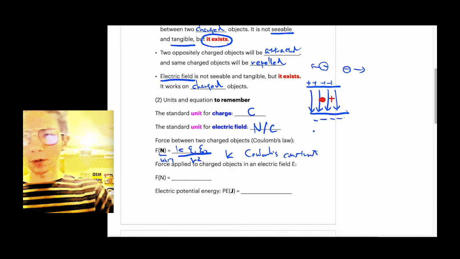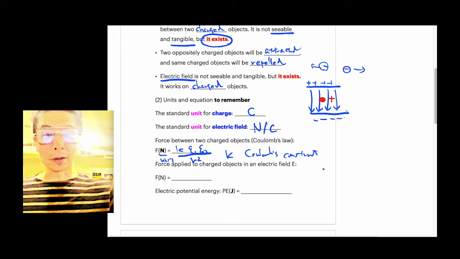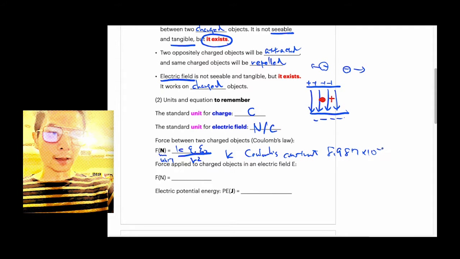You most likely don't have to remember this number, since it is just a constant and should be provided, but for now I'm going to write it: 8.987 multiplied by 10 to the 9. And the unit is also a little complicated: Newton meter squared per Coulomb squared.